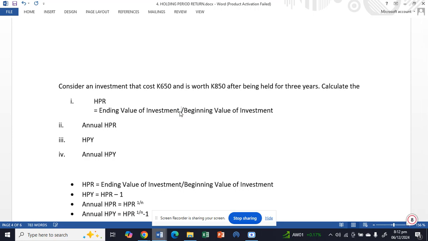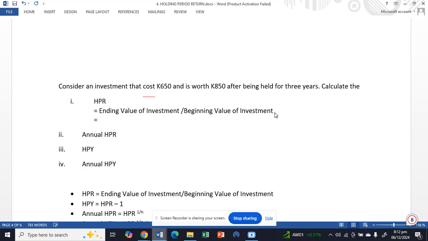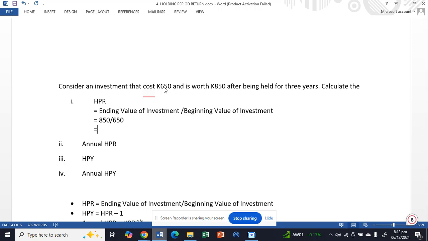But so far in this question, there was no other income. So the ending value of the investment is 850. That's how much it is worth after 3 years. The beginning value of the investment is this 650 kwacha, which you paid. So 850 divided by 650.